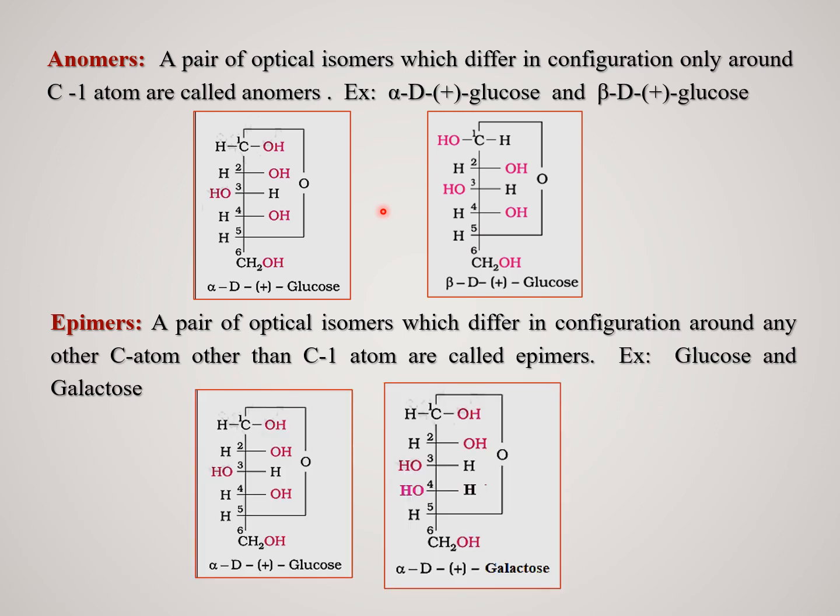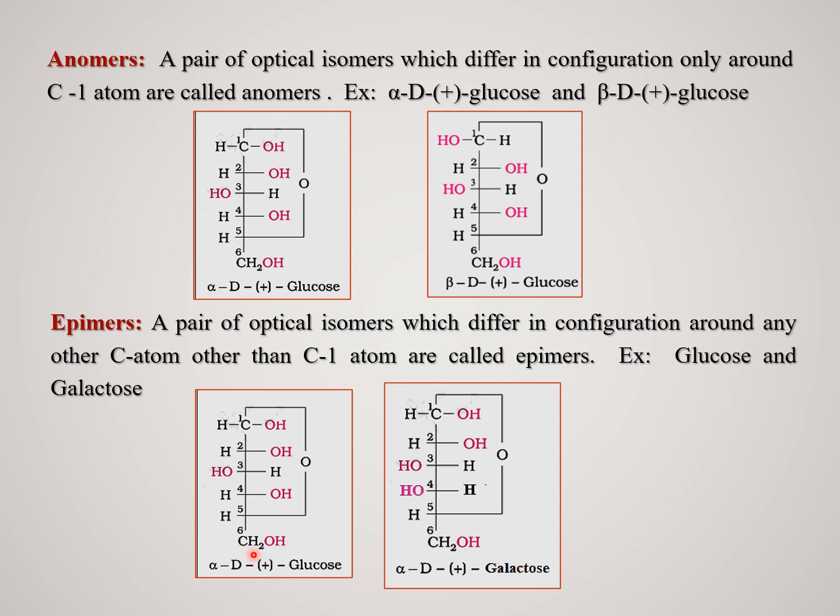I want students to observe the formula for glucose. It is carbon number 1 H OH, carbon number 2 H OH, carbon 3 OH H, carbon 4 H on the left, OH on the right, carbon 5, carbon number 6 CH2OH. The compound is called alpha D plus glucose.